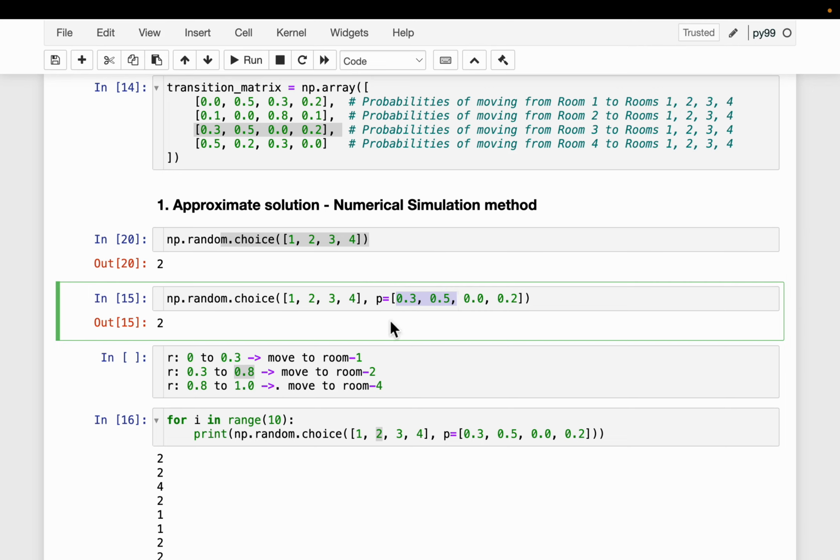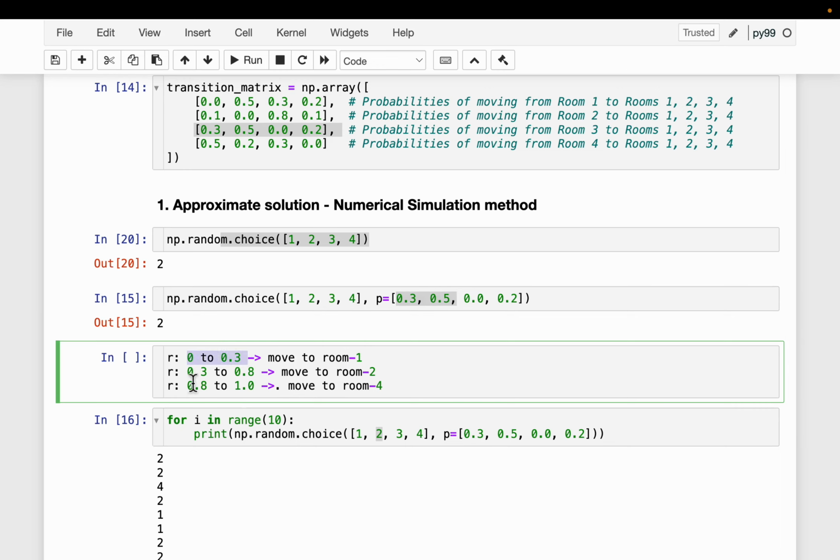Okay. So basically we are dividing the total probability between 0 and 1 into 4 bins. The first bin is between 0 and 0.3. The second one is 0.3 to 0.8. The third one, which I have not written here, is between 0.8 and 0.8. Okay, so that will never happen.